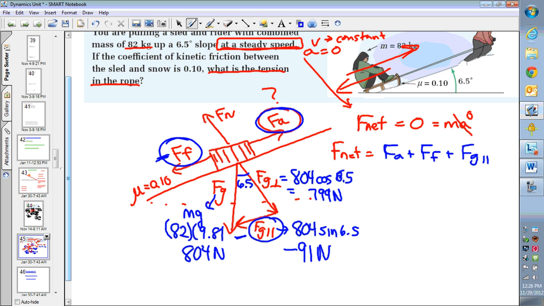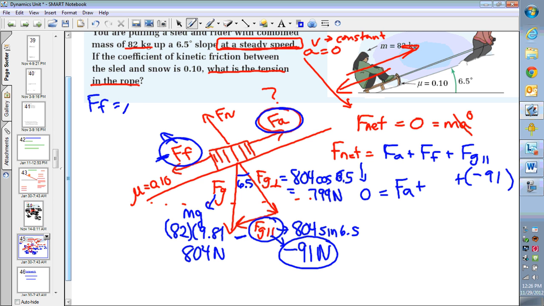Okay, so this negative 91, that's FG parallel. So FG parallel, I've got this number in my formula, negative 91. I already knew F net was 0. We don't know FA. We're getting close. We just need FF. So the frictional force, if we remember, is always equal to mu times Fn.